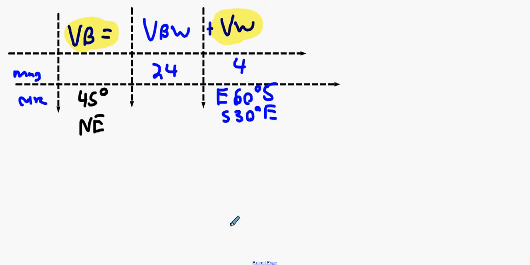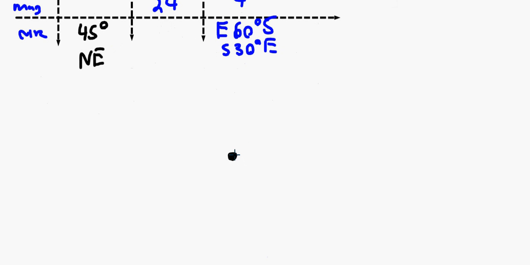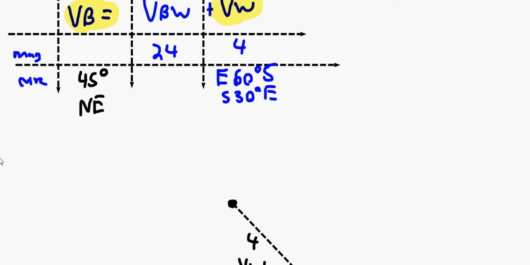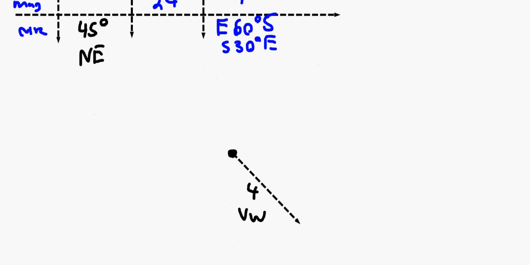So let's start off with vW. Go across at east 60 degrees south. Don't know how long to make that, but I know it's 4 and I know it's vW. Okay. Then go with vB. So what do we reckon with vB? 45 degrees northeast.